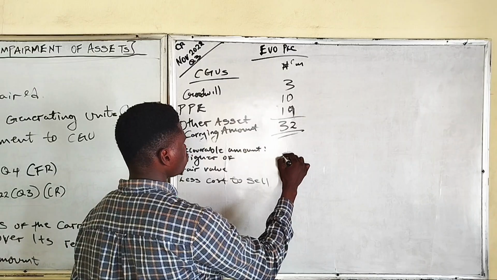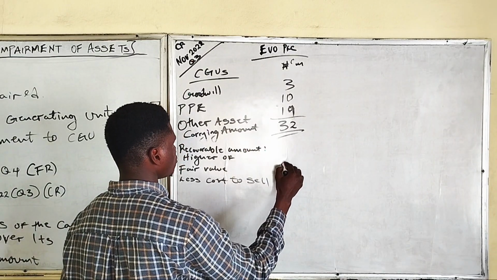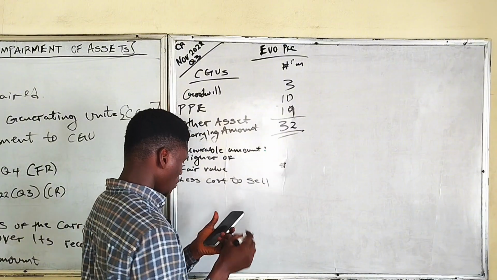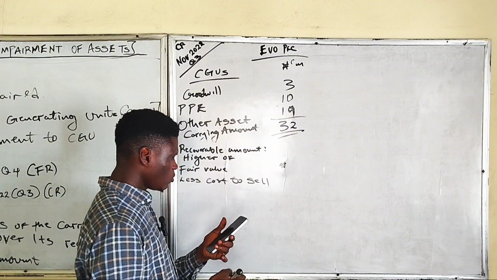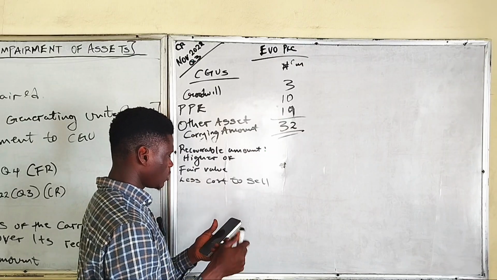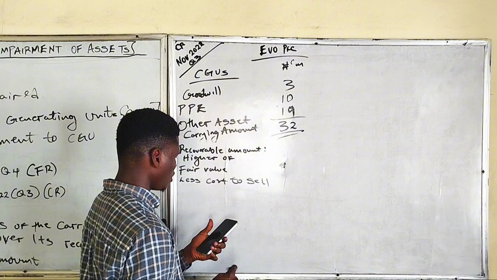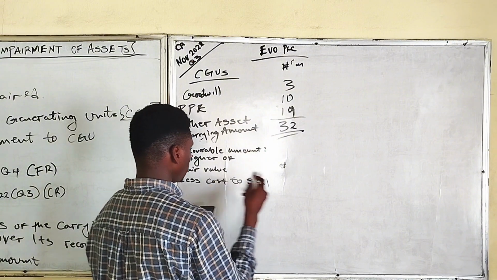So according to this question, we're given the fair value of the assets. They said the fair value of the property, plant and equipment and other assets as at February 28, 2021, so as at the year end, is the fair value.